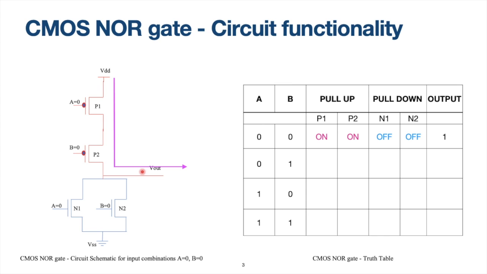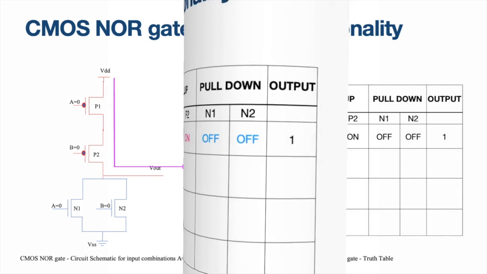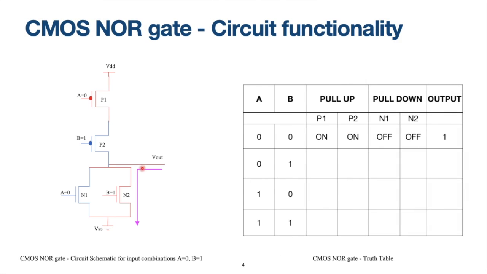Now, let us look into the next combination, A equal to 0 and B equal to 1. When A is equal to 0, P1 transistor is on. When B is equal to 1, we very well know that PMOS transistor switches off. Therefore, there is no connectivity from VDD to Vout because only P1 is on but P2 is off. On the other hand, look into the pull-down network.